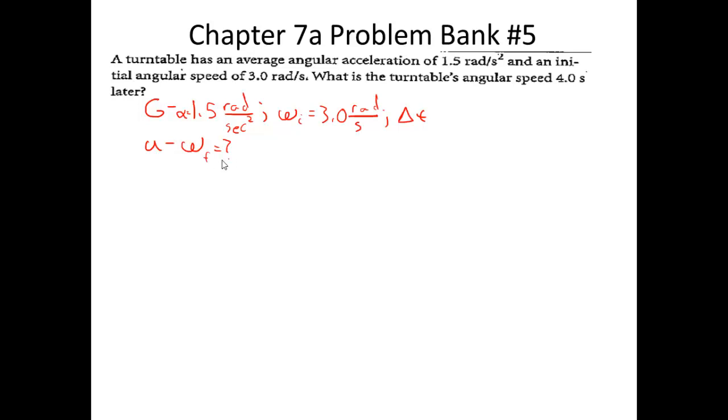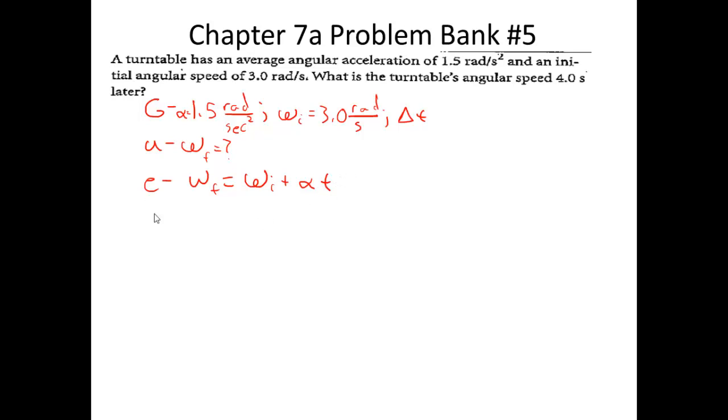Our equation: we do not have theta, so we can work with our final angular velocity is equal to our initial angular velocity plus our angular acceleration times the amount of time we go through that angular acceleration.